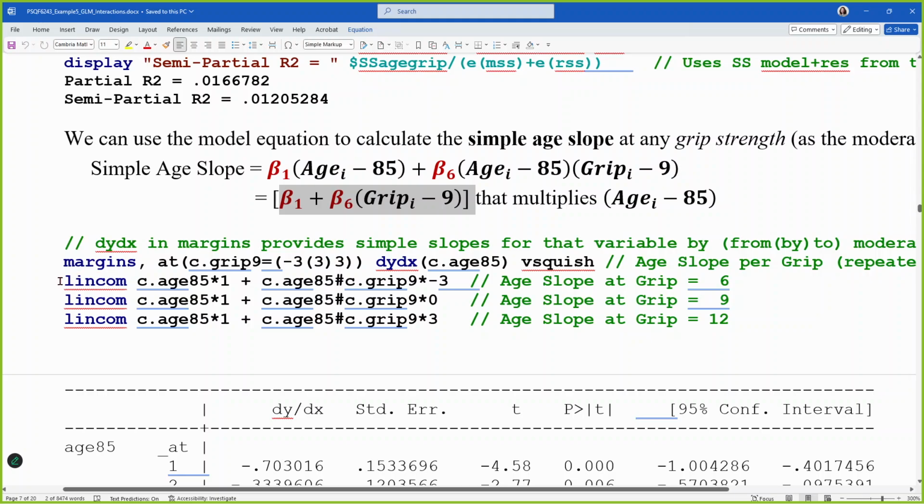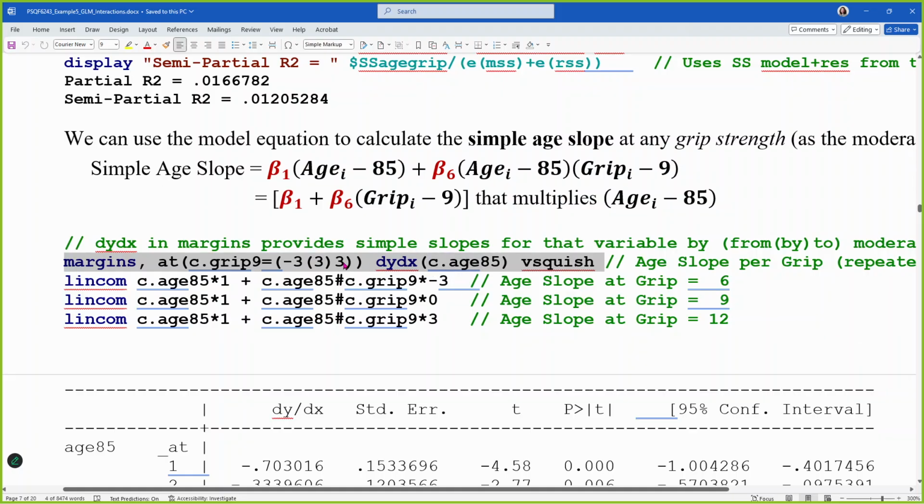And so these three lincom statements, for instance, provide the age slope at values of real grip strength of 6, 9, and 12, accomplished as -3, 0, and 3 in the centered variable. These three lines can be replaced by this one command.